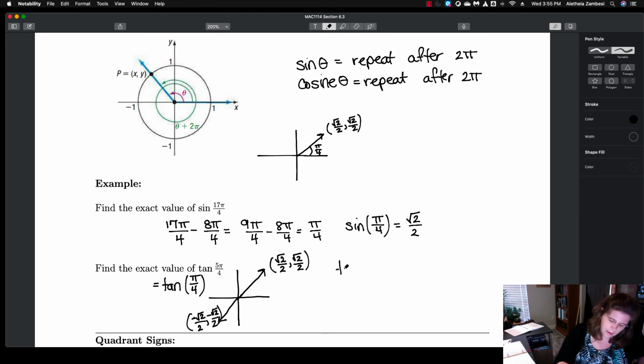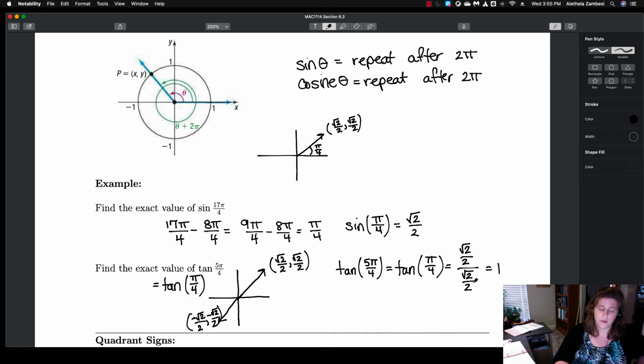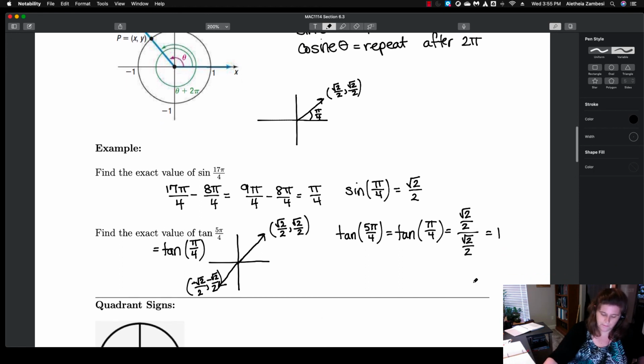Either way, the tangent of that 5 pi over 4 or the tangent of pi over 4 is equal to the square root of 2 over 2 over square root of 2 over 2, or 1. So the tangent of that is equal to 1.